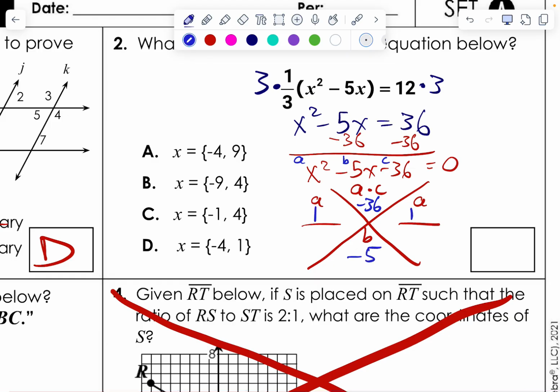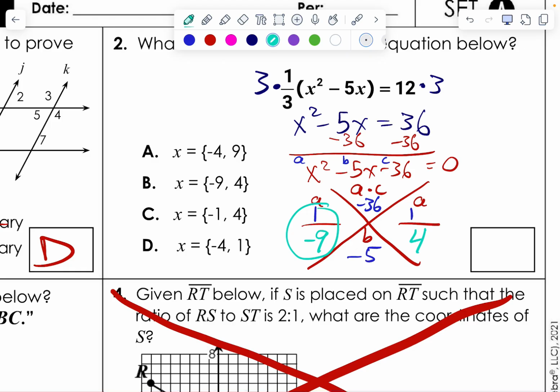A is 1. So if there's nothing out front of x squared, A just is 1. All right, so we're looking for numbers that multiply to negative 36 and add up to negative 5. Anything coming up? Multiply to make negative 36, add to negative 5. Negative 9 and 4. Okay.